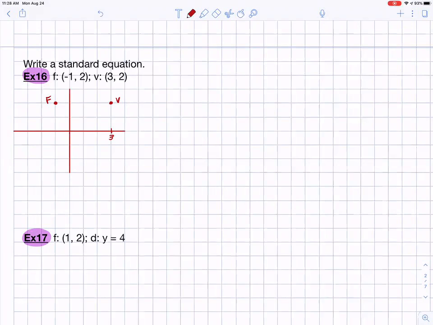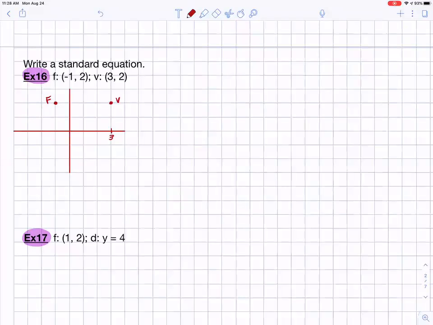A lot of information. Okay, what are the 3 things I've got to have to write an equation? H, K, and C. Do I have any of those things? Were any of those things handed to me? H and K, so I'm missing C. Does this picture help me out with C?